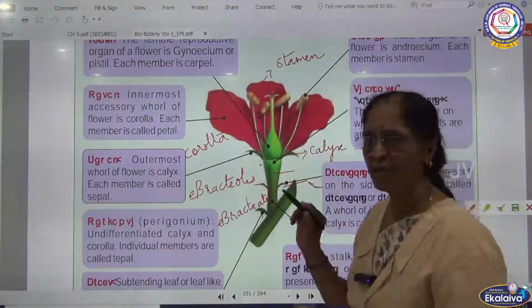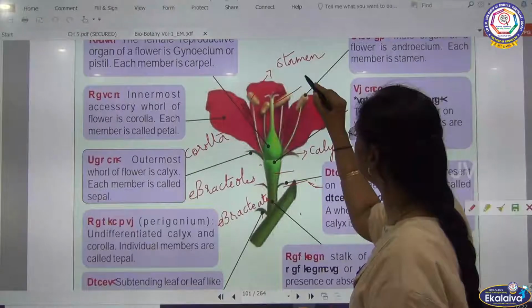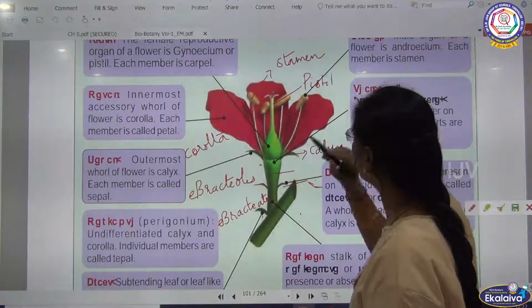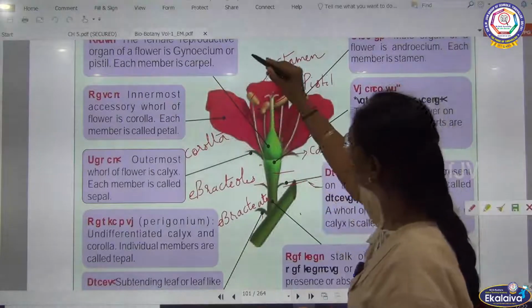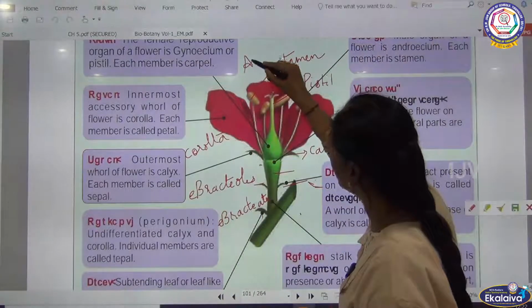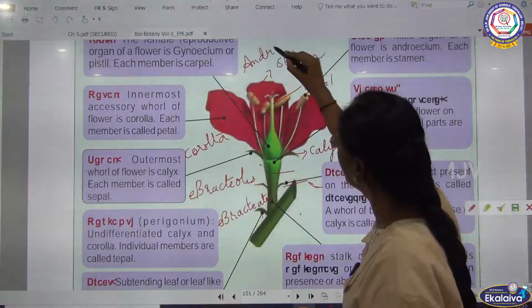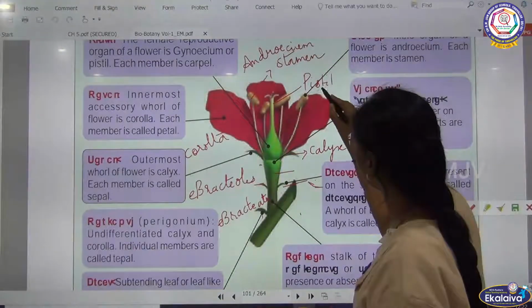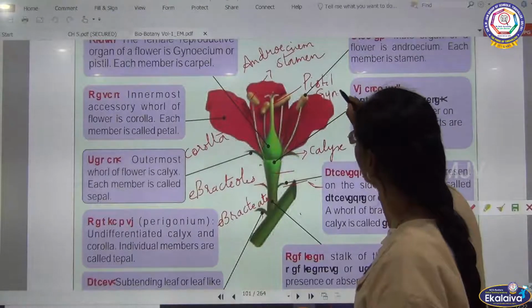And this female part is what we call the pistil. And this male part, you can use another term, androecium. And the female part is otherwise known as gynoecium.